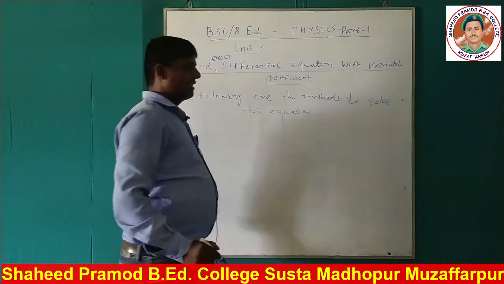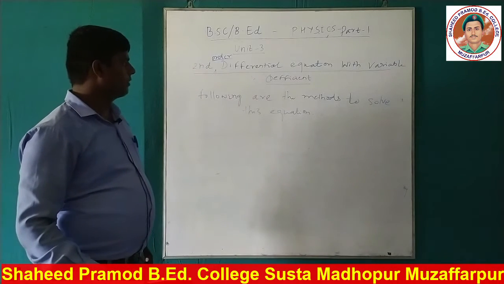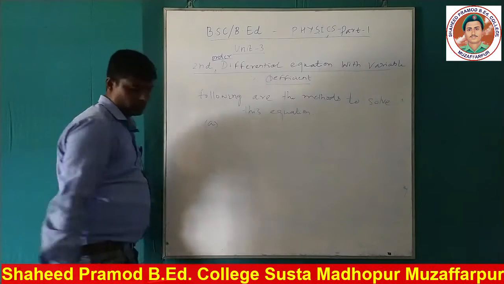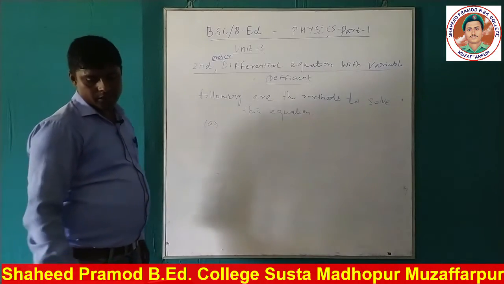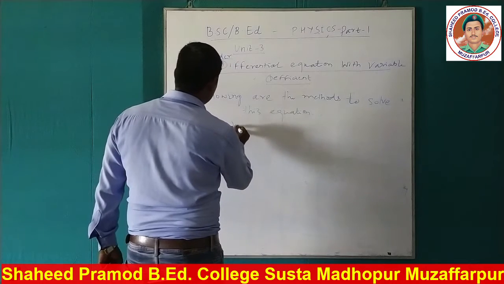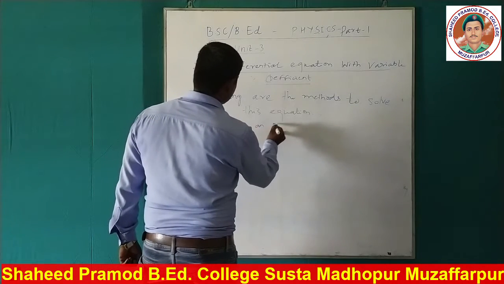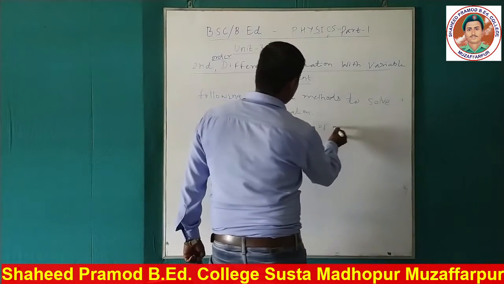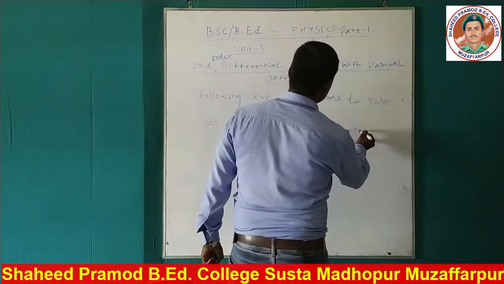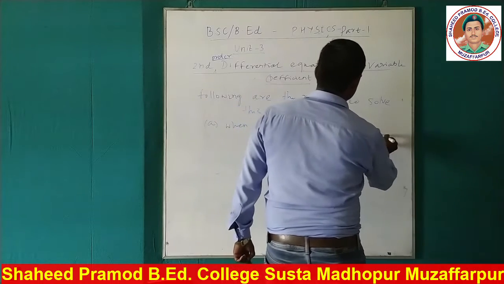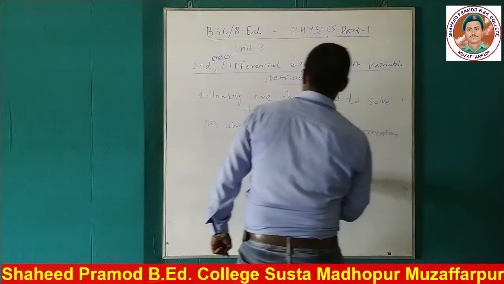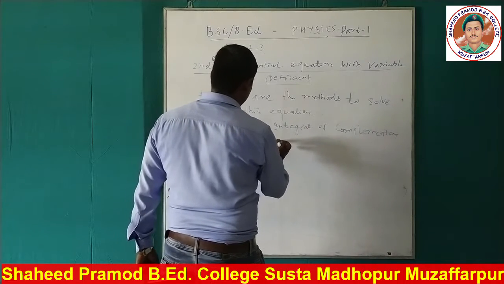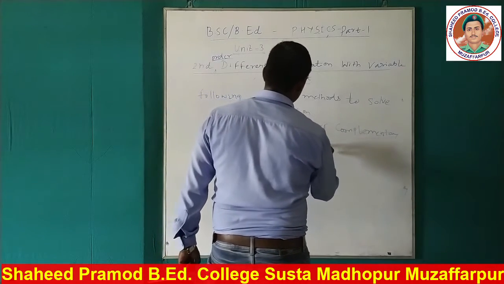There are basically 4 to 5 methods. Write down A: when an integral of the complementary function, that is CF, is known.